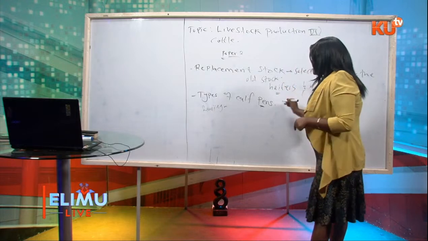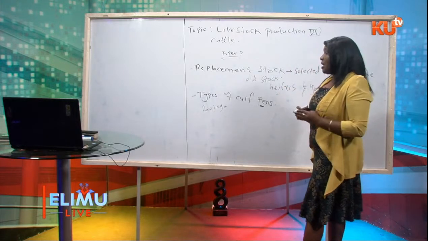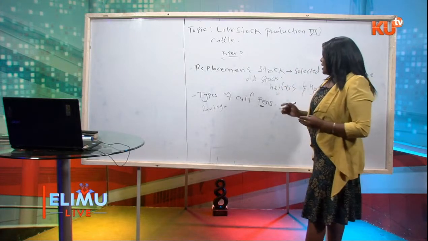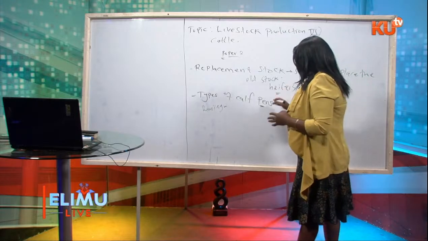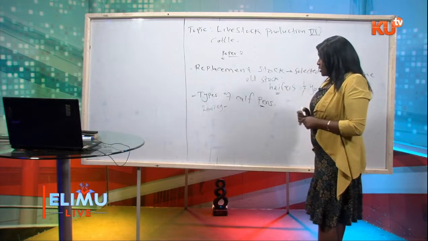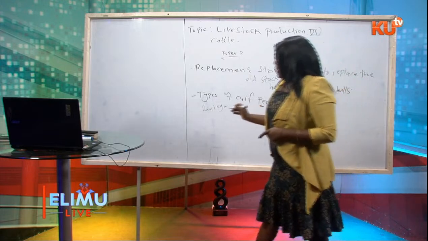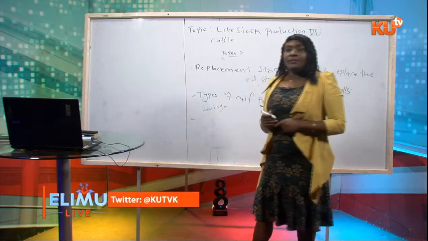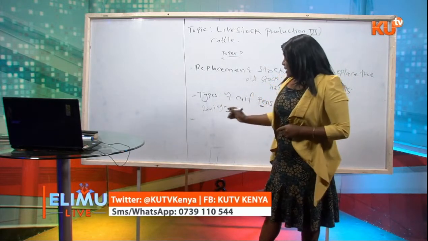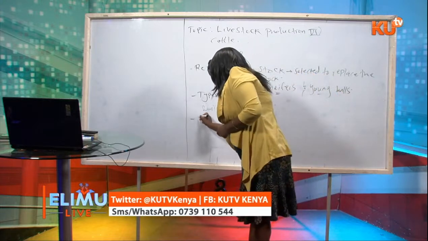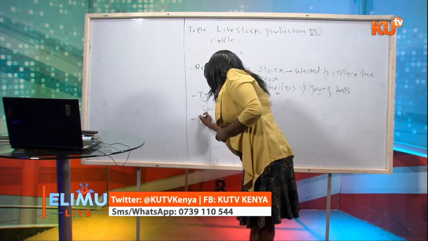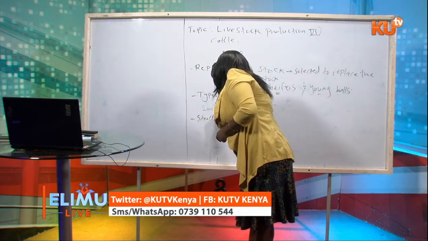So we need to look at the types of calf pens that we can use in our farms, and we have several of them. As we proceed, we'll see them. And then our next objective, dear learner, is the structural requirements.